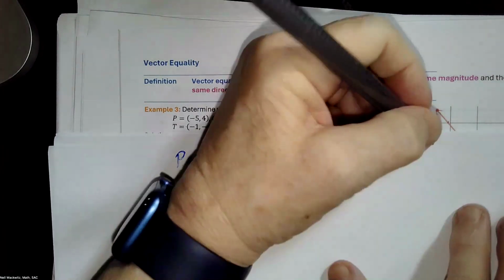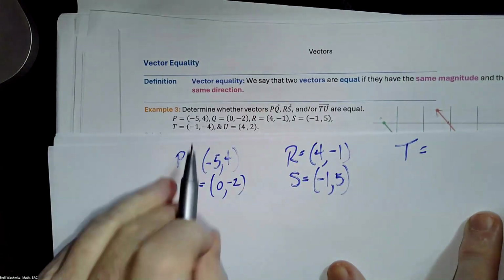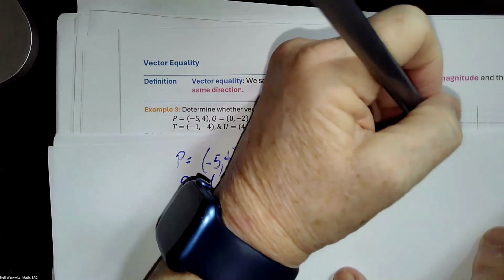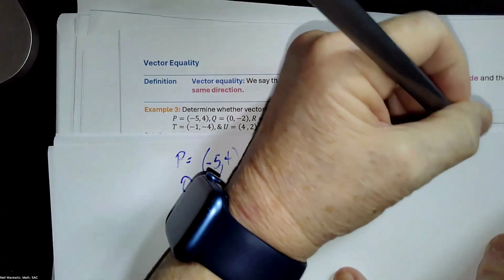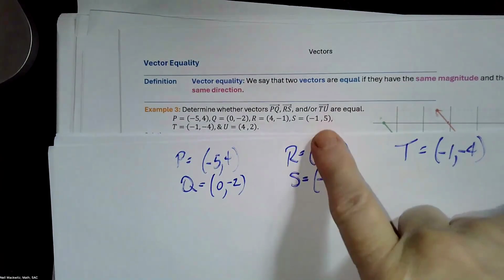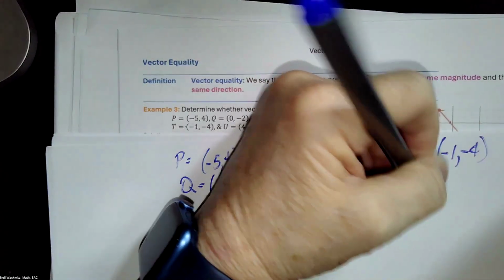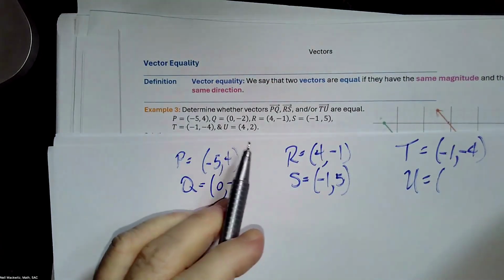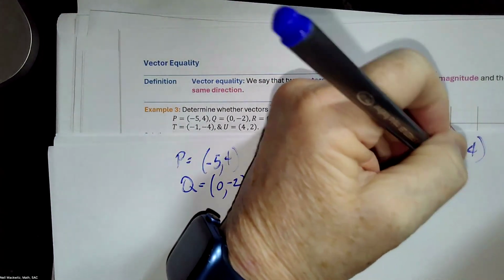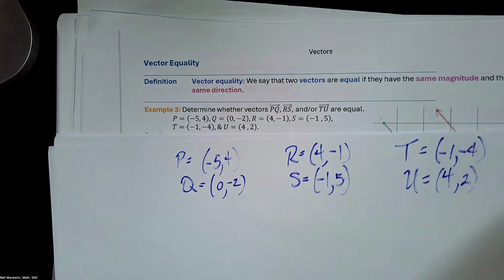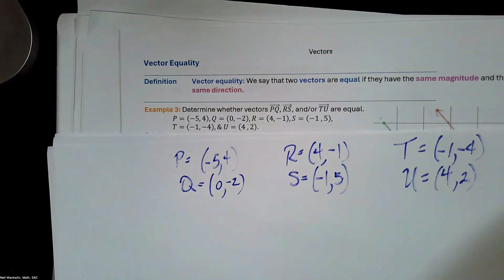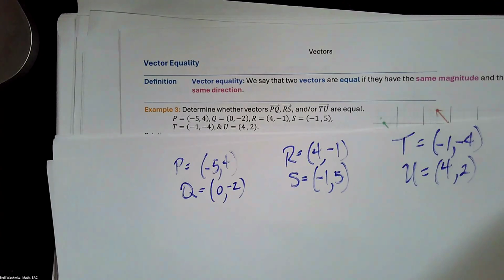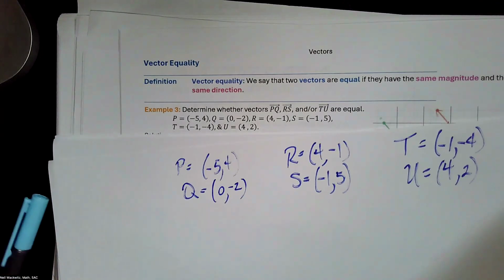T is negative 1, negative 4. And U is 4, 2. And let's start out by finding all of these magnitudes.